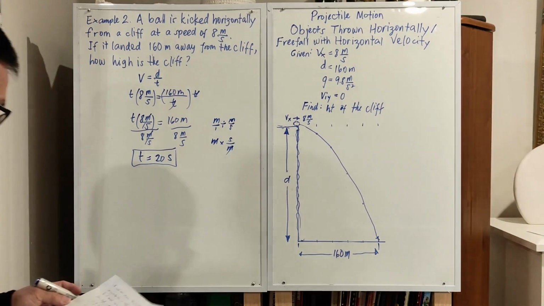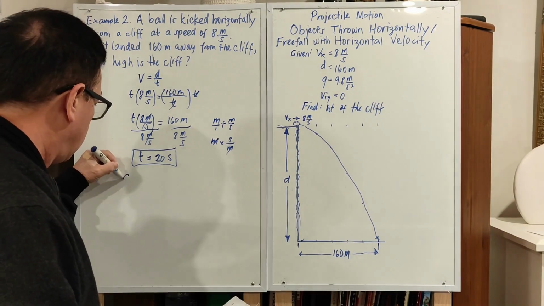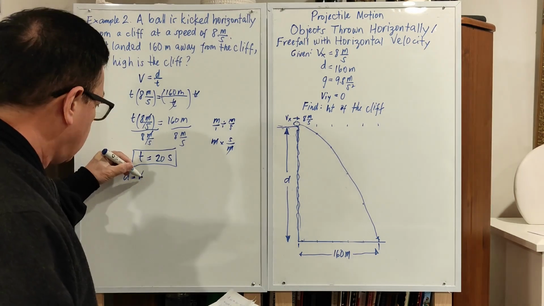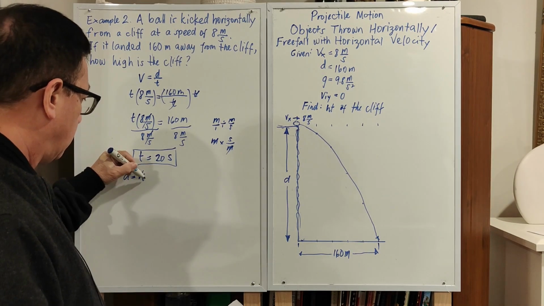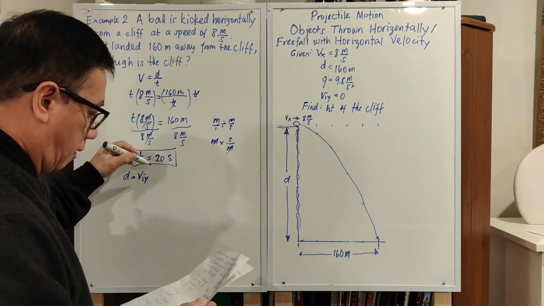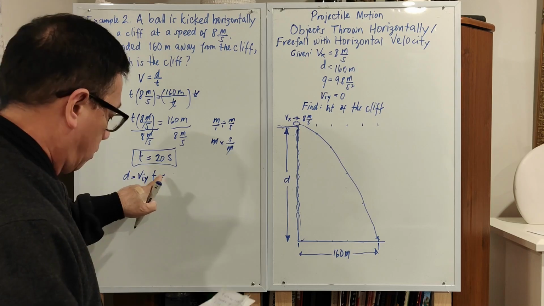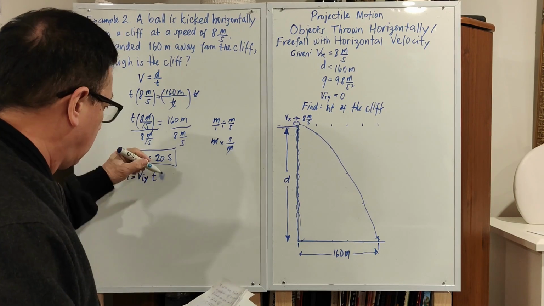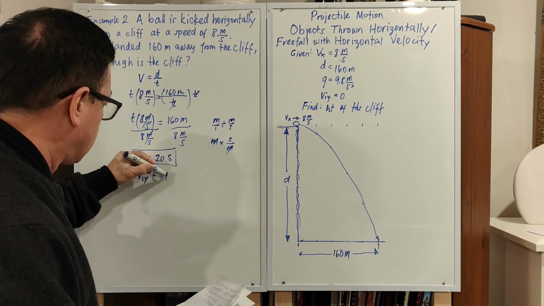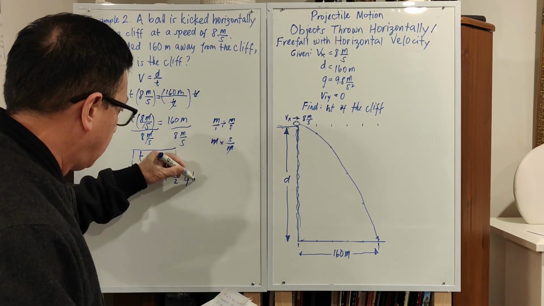free fall. So the formula for that is d is equal to the initial velocity vertically times time plus 1/2 gt squared.